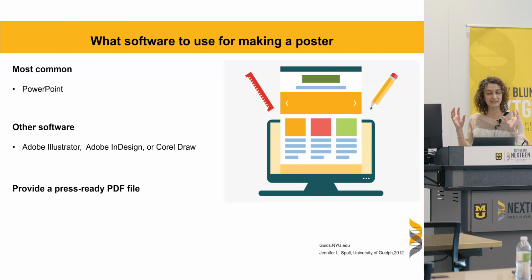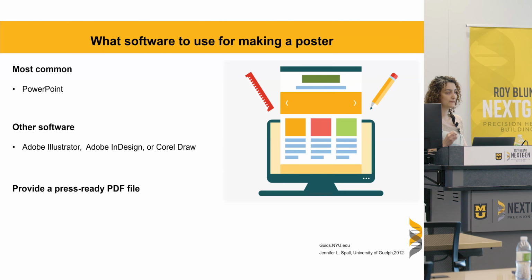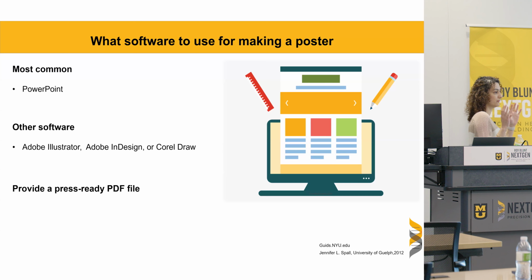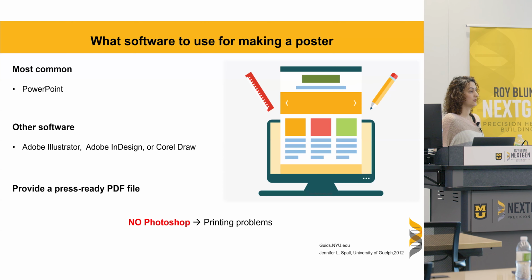It means that it keeps the quality of the picture and the overall quality of your poster the same when you want to print it. So that makes a good difference, and if you want to have it, it's always recommended. But Photoshop is recommended not to use because it brings some printing problems.